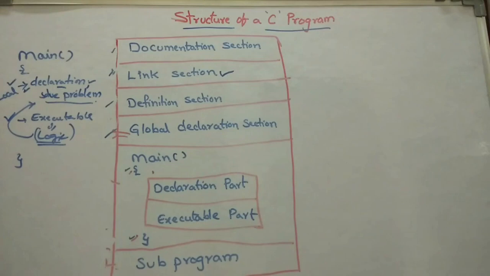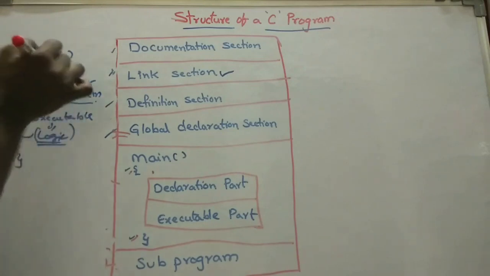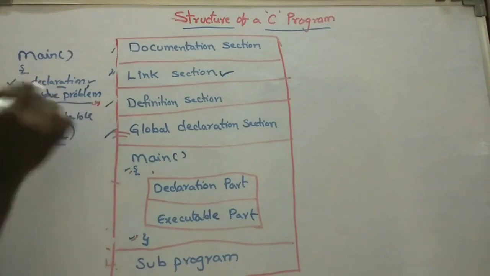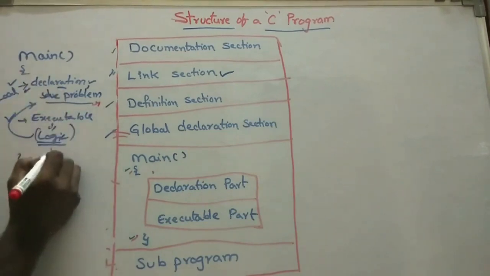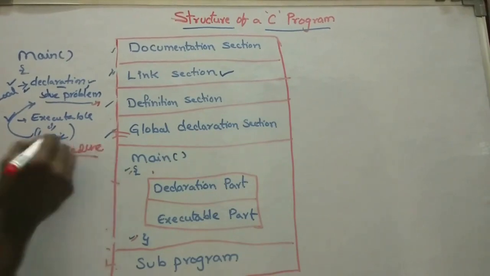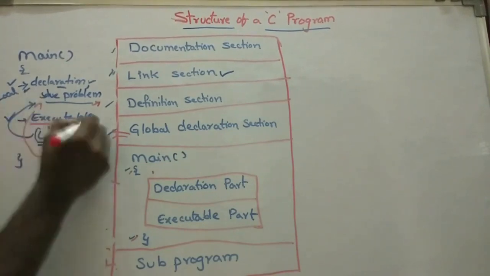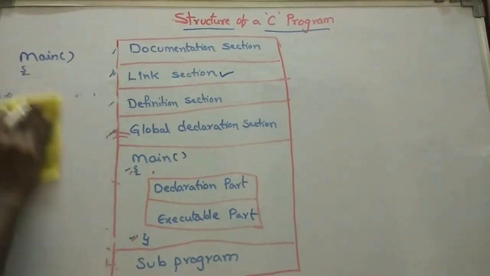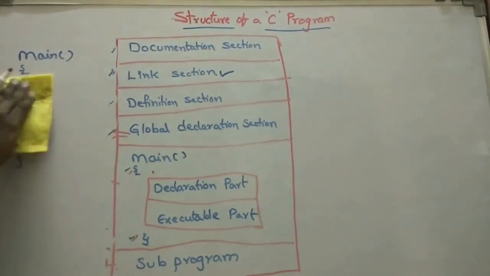In the declaration part we declare the variables which are necessary to solve your problem. That's all. Now in the executable part you write the procedure or the logic for how to solve the problem. Suppose I will give one example. Suppose I want to find the addition of two numbers, right?